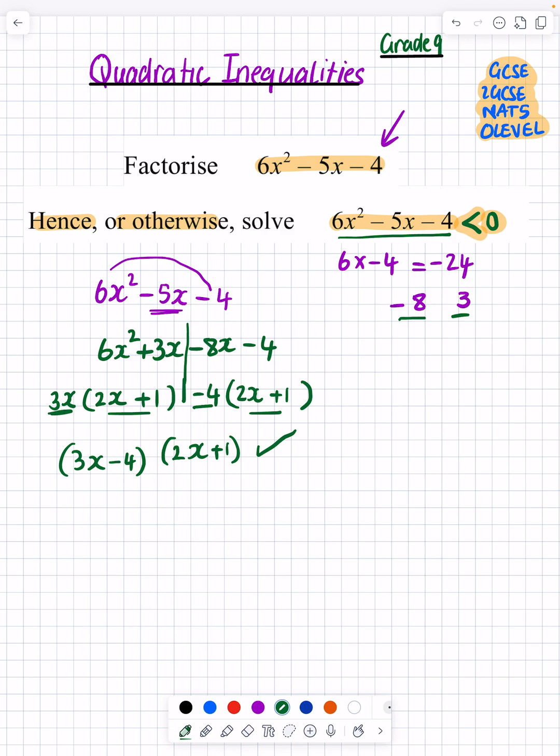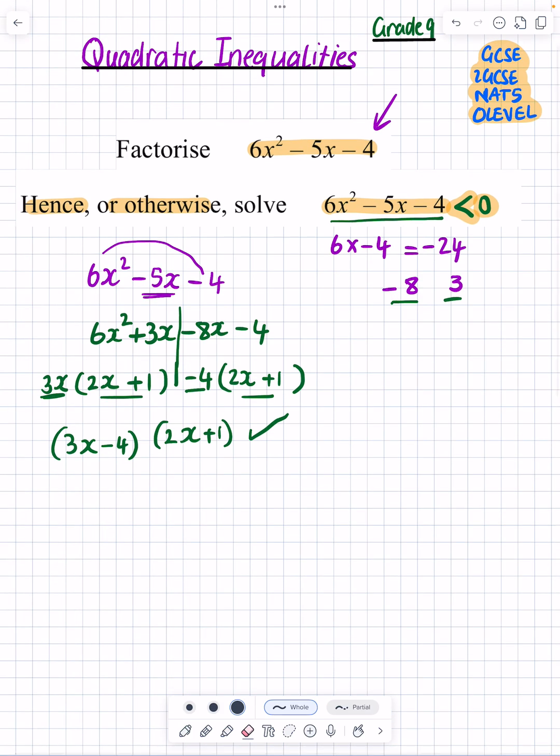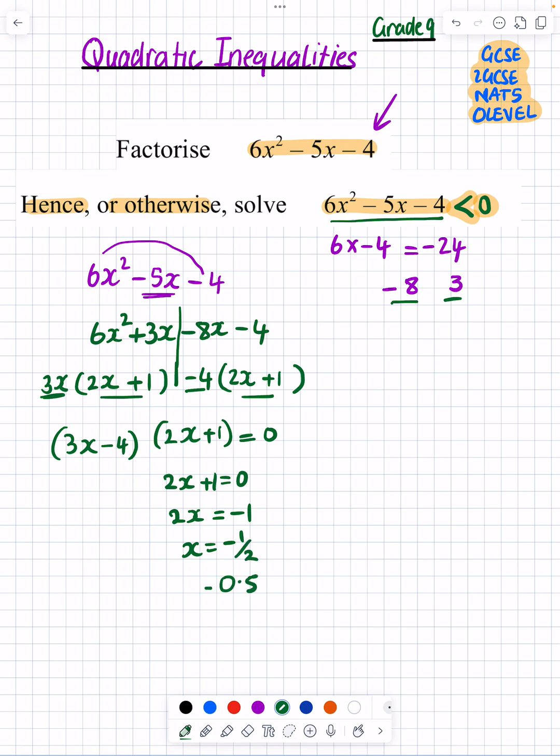Let's say if this equaled 0, what would be the two solutions? So 2x + 1 = 0. So 2x, minus 1 from both sides, and then we get x equals, divide by 2 both sides, -1/2, or -0.5. So that's our one solution.